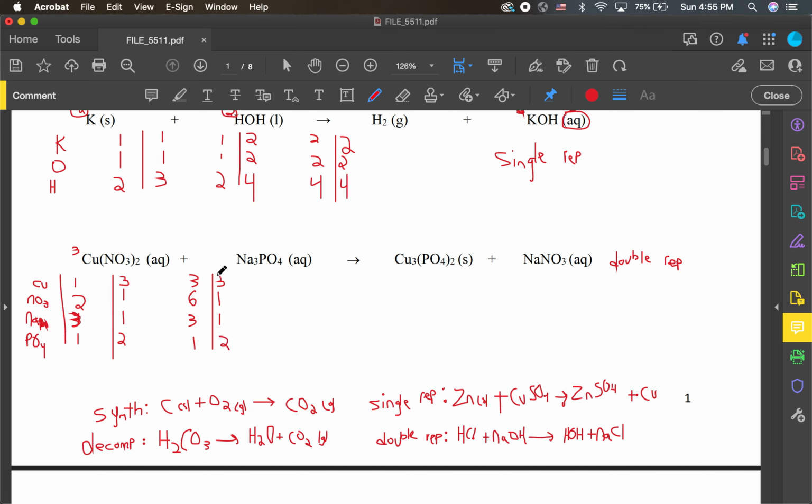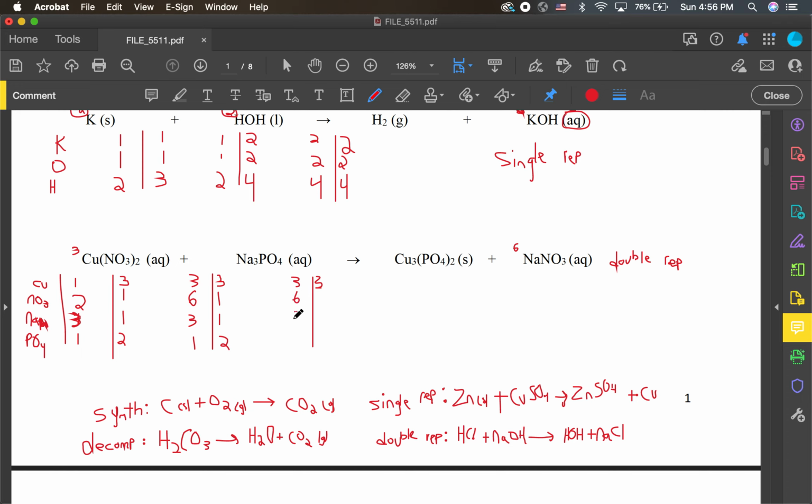Okay, so now let's look at the next one we want to fix. Let's fix the NO3s. If we've got 6 NO3s on this side, we're going to need 6 on this side. So let's put a little 6 there. Now what does that do to all of our stuff? We've got 3 and 3 for copper. Doesn't change. None of the numbers on the left are going to change.